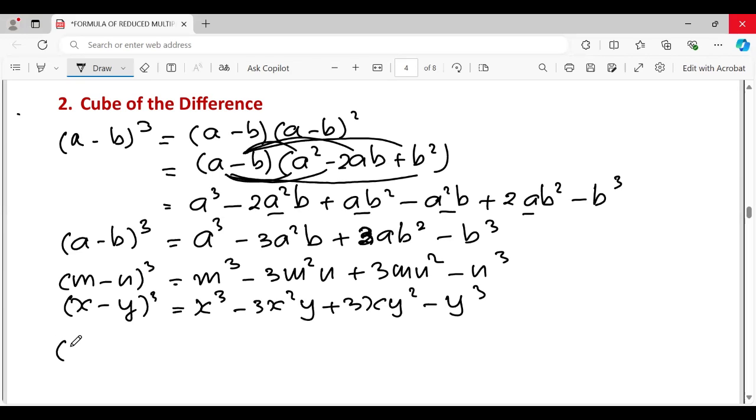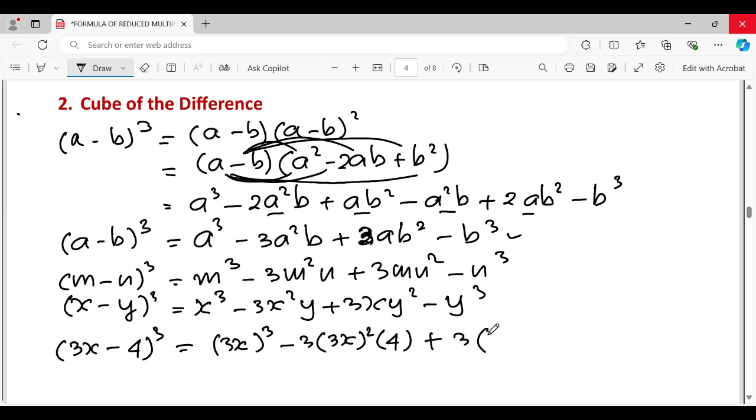If the problem is (3x minus 4) cubed, based on this conclusion, we can write it like this: (3x) cubed minus 3 multiply 3x squared multiply 4 plus 3x multiply 4 squared minus 4 cubed.